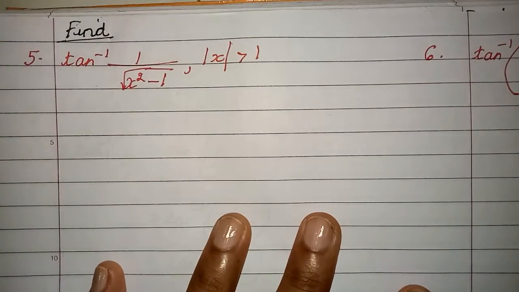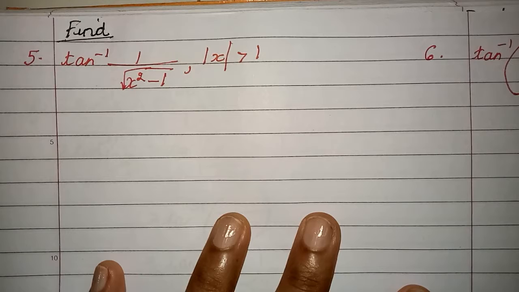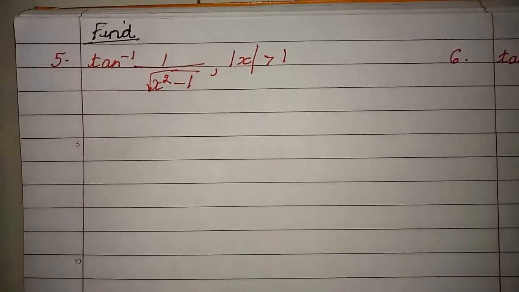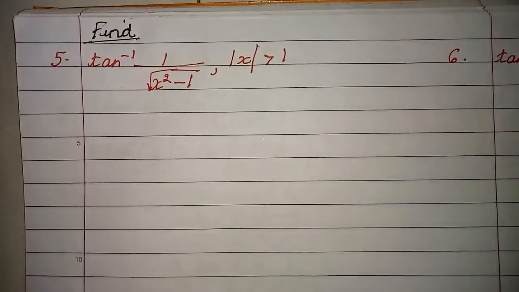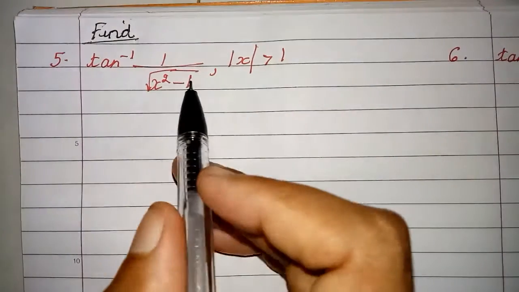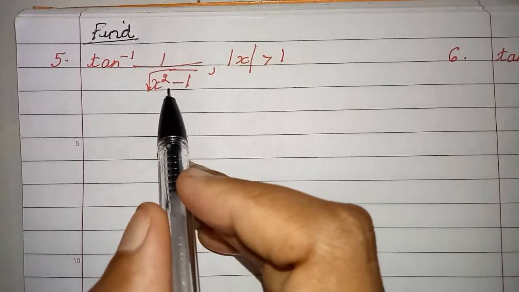Here also you are going to find this. What is the question? It is tan inverse of 1 upon square root of x square minus 1. So what am I going to do? I am going to apply the formula. Now you should always remember how my choice of x should be.